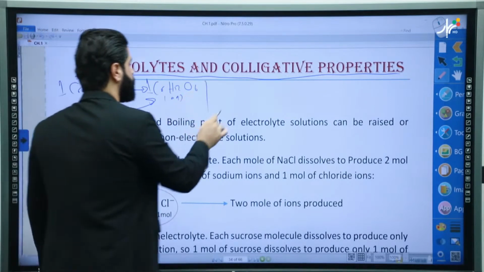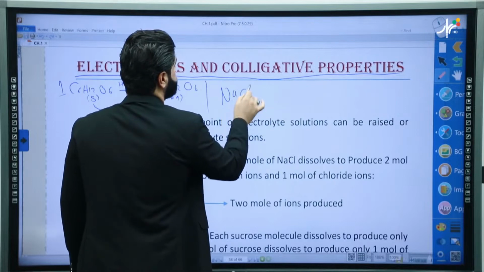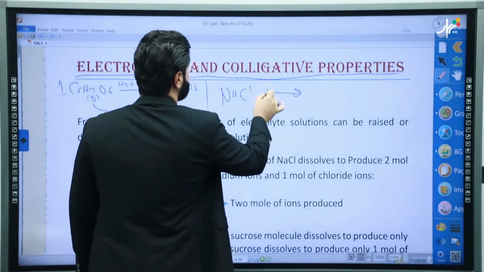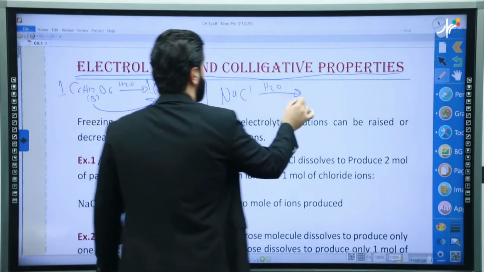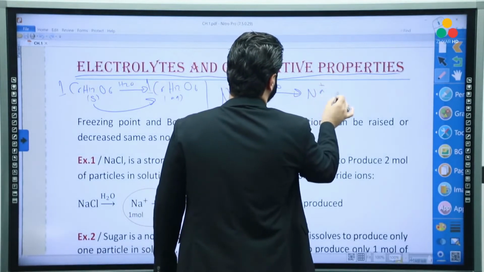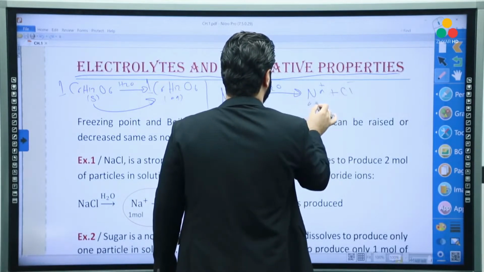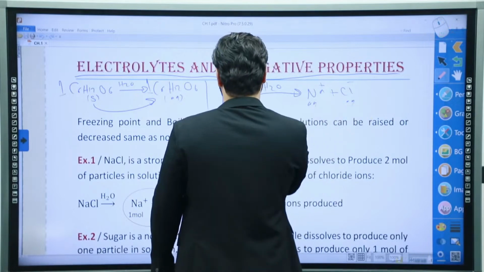But what if we dissolve NaCl? Remember, it dissociates. It will produce Na plus and Cl negative, which are aqueous. It's solid.